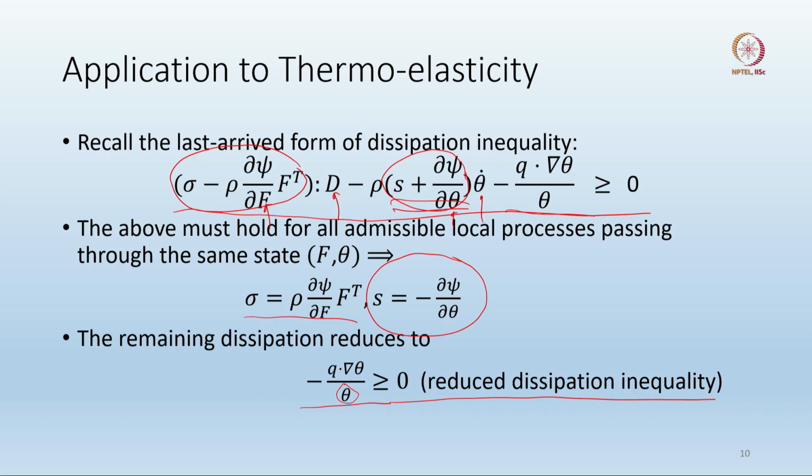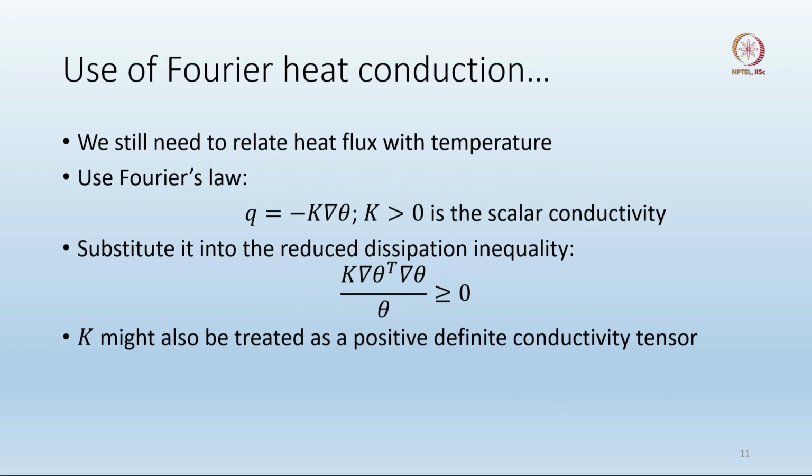What it means is that the heat flux must be directed against the temperature gradient, correct. So heat must flow from high temperature to low temperature instead of low to high, because high to low temperature is a negative temperature gradient. We know that intuitively, heat always flows like that, but this is how it comes out naturally.